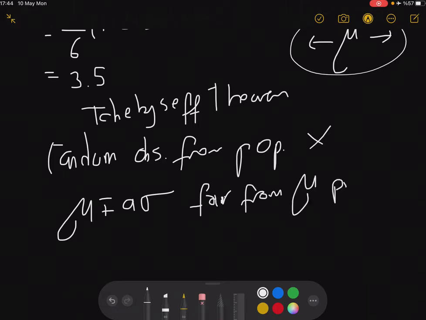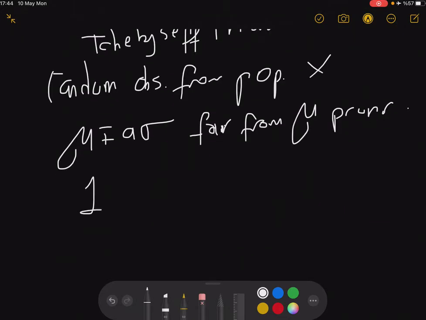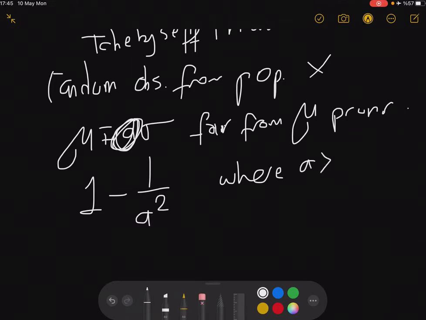Probability can be represented with 1 minus 1 over a square, where a is how many standard deviations you deviate from the population mean, and a is equal to or larger than 1.